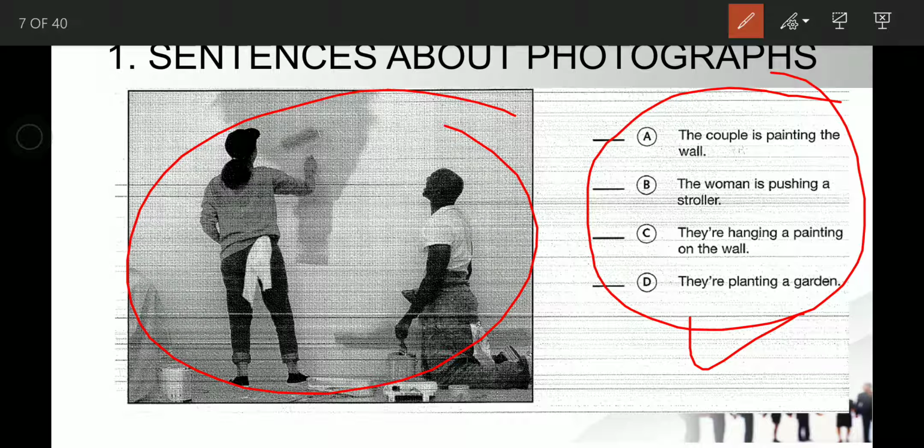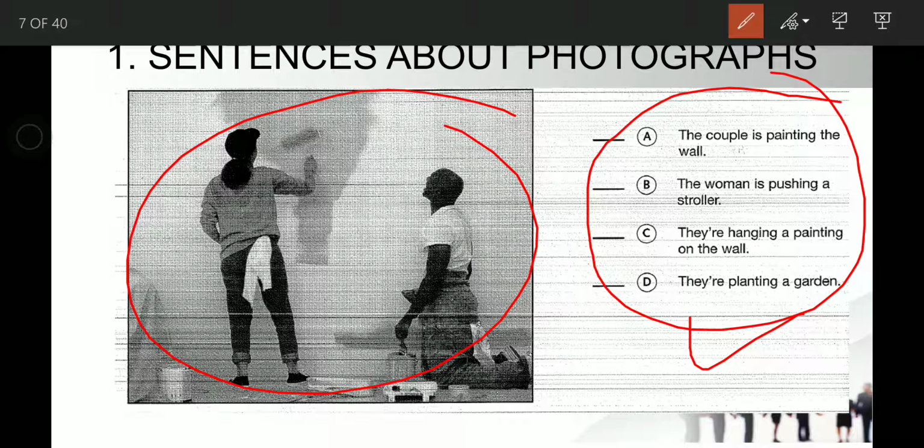Okay, for example, take a look at the picture. The speaker will say: A. The couple is painting the wall. B. The woman is pushing a stroller. C. They are hanging a painting on the wall. D. They are planting a garden.